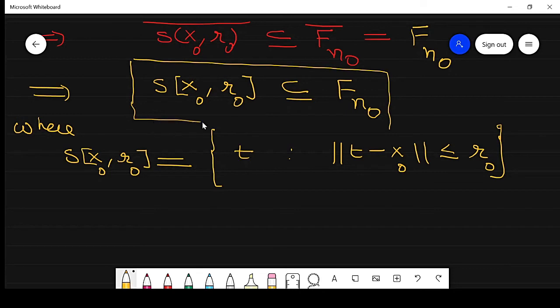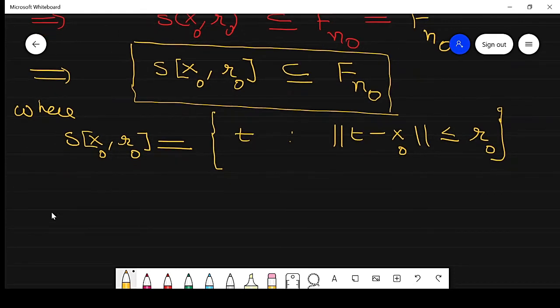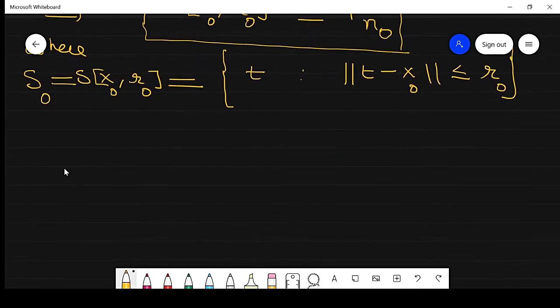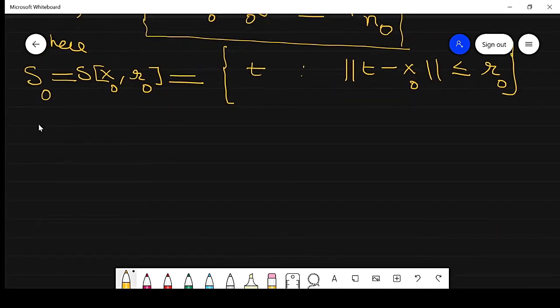This set belongs to Fn0, so remember that. This can be written as S0, in abbreviated form. If I take some element y belonging to Ti S0, so this is Ti S0.